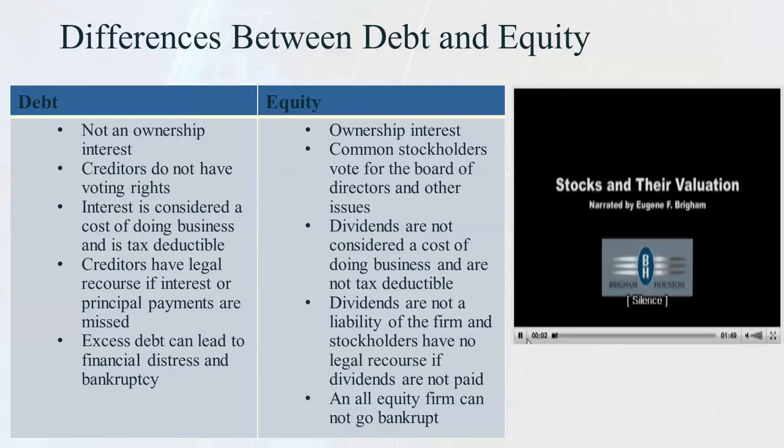If a company cannot pay dividends, it does not result in bankruptcy. An all-equity firm cannot go bankrupt. So if a company cannot pay dividends, that does not result in bankruptcy. That's the main distinction between bond and equity.